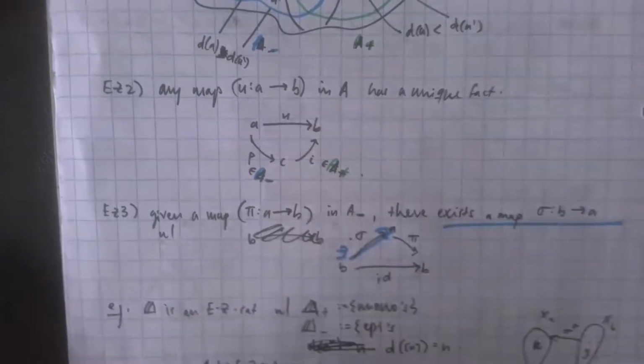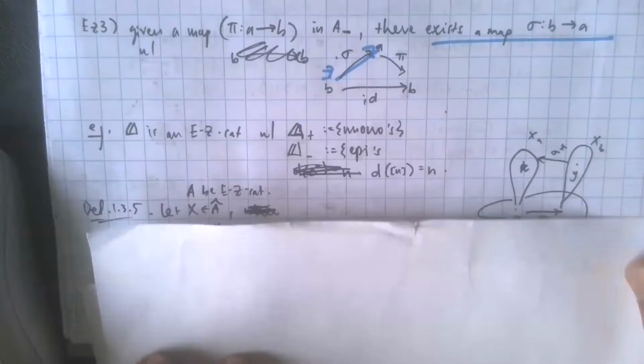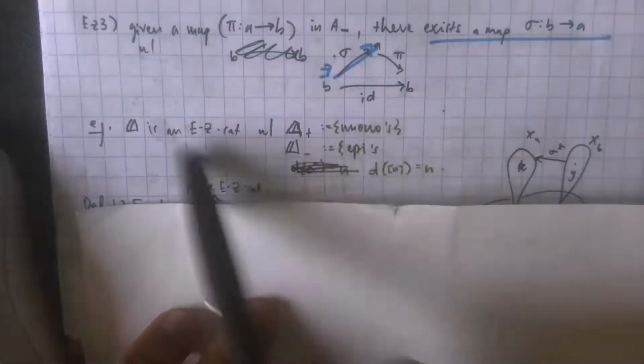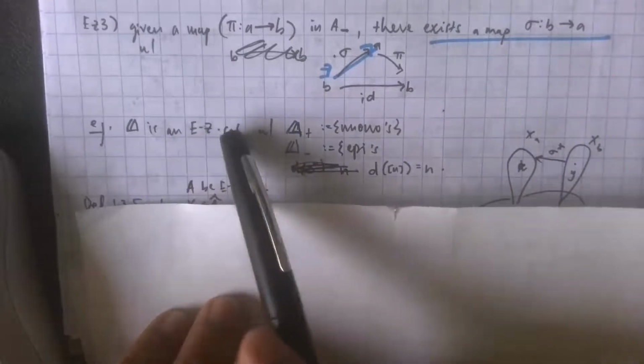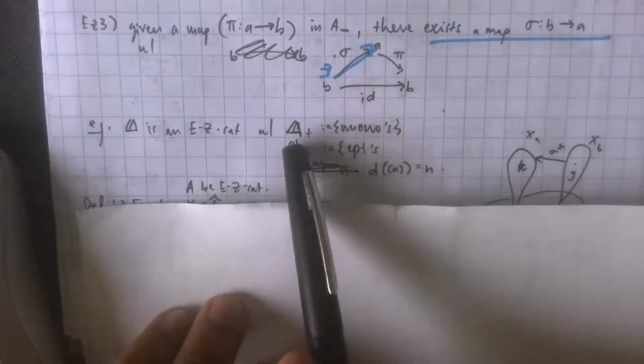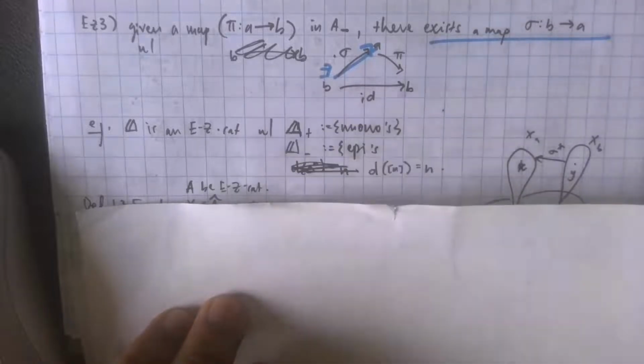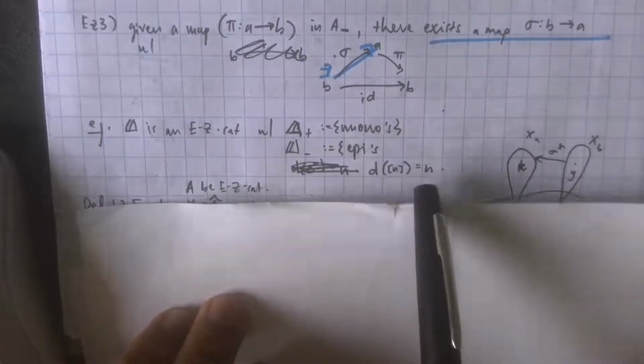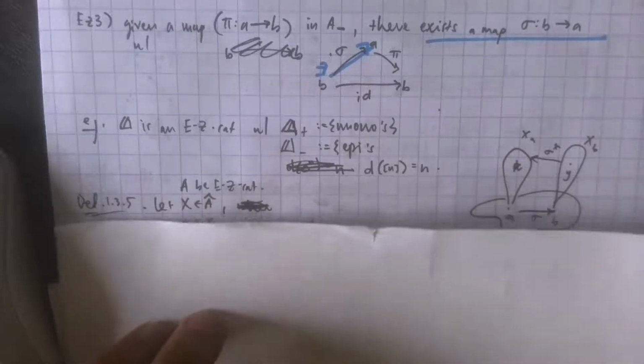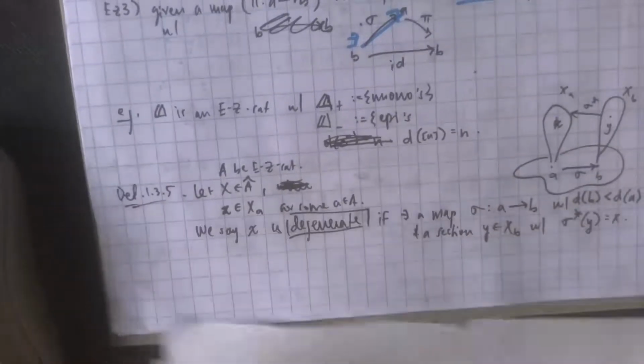Okay, kind of abstract. The first time I read this, I was really annoyed with how abstract it was, but here's an example. Our simplex category is an Eilenberg-Zilber category with delta plus being the monomorphisms, delta minus the epimorphisms, and the dimension just giving you the number n for each object.